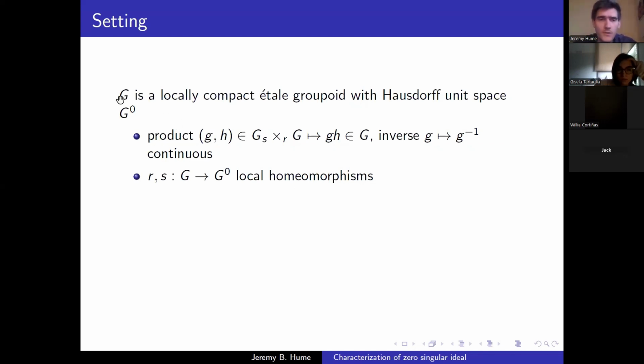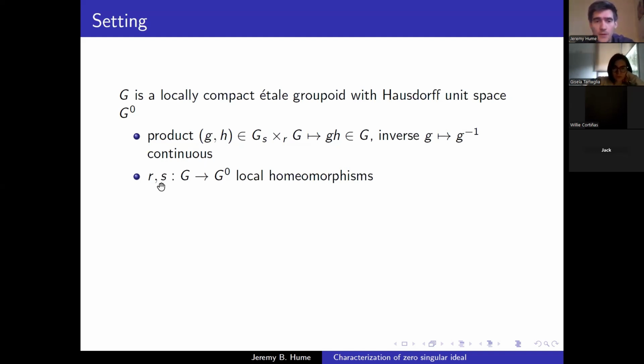In this talk, I'll assume a familiarity with groupoids, and the setting is that G is a locally compact étale groupoid with Hausdorff unit space. The locally compact part also means that the product map and inverse map are continuous.